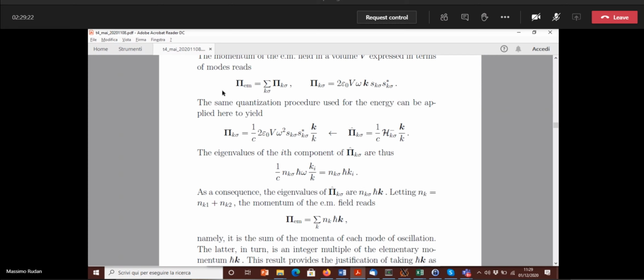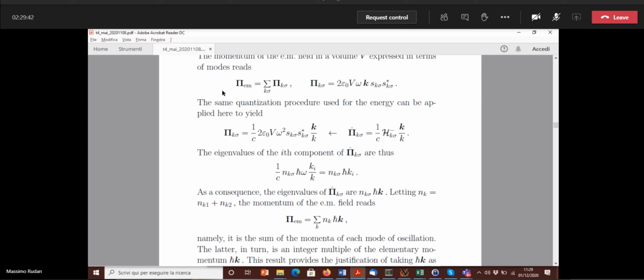Then we have K over the modulus of K, and that is simply the unit vector aligned with K. So it is a unit vector that prescribes the direction of the individual component of momentum. And then we have divided by C. But this is no surprise.